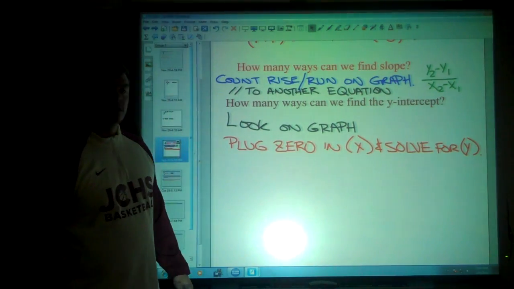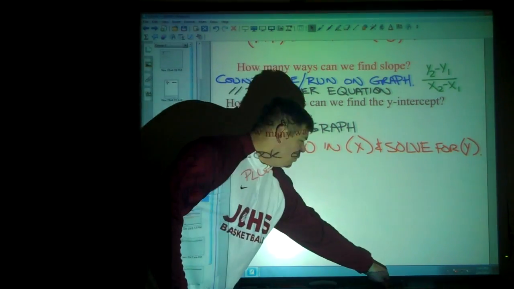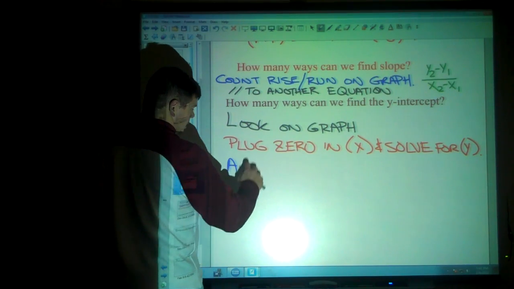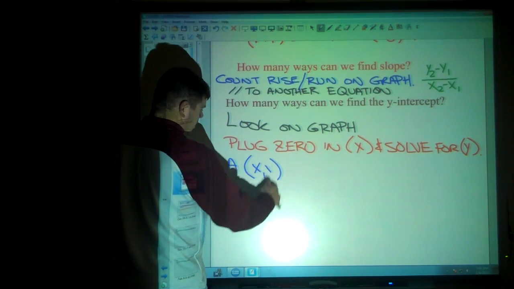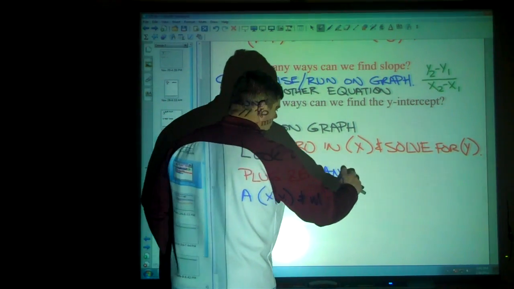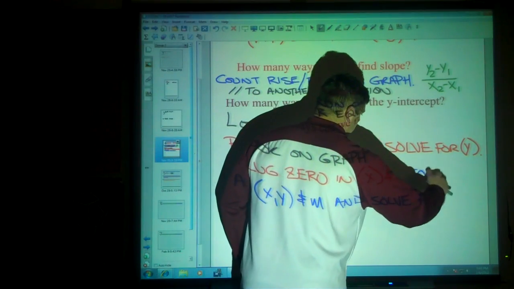Those are possibilities. Right? If we want to find the y-intercept, we can plug in a coordinate and a slope and solve for b.